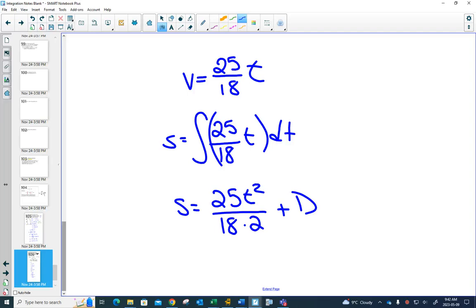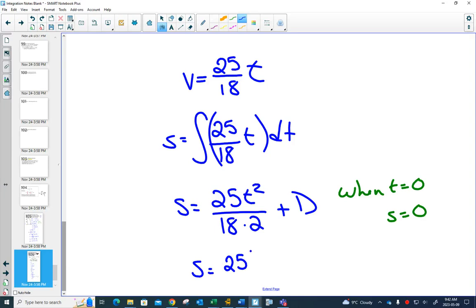Do we know its initial displacement? Yes. It hasn't moved at all. So when time is 0, the displacement is 0, which tells us that d will be 0.